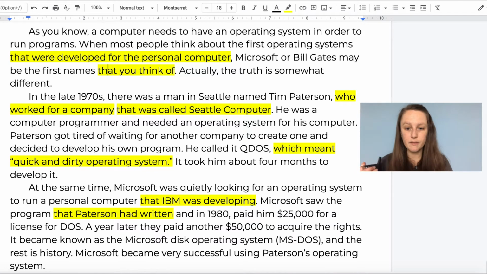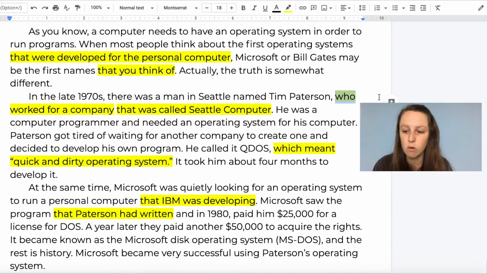All right, so we have 3 adjective clauses in this paragraph. Our first one is, who worked for a company. This adjective clause is modifying the noun Tim Patterson. So let's look for our relative pronoun who and figure out if it's subject or object.